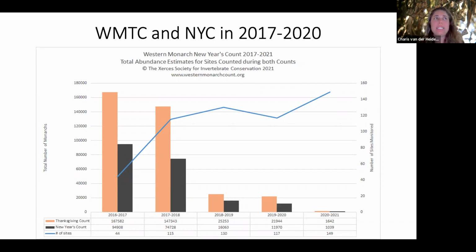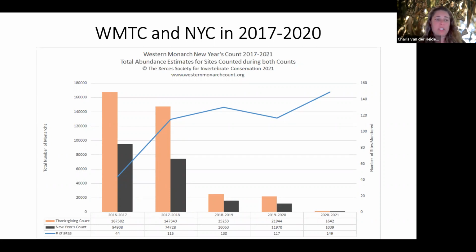And we could see this in the field in real time. There were sites that we counted that in 2017 had 1,000 monarchs and in 2018 had 100. So right away we knew something was going on. And then we learned that that was the trend throughout the state.